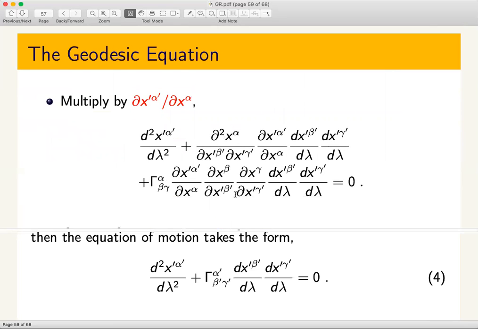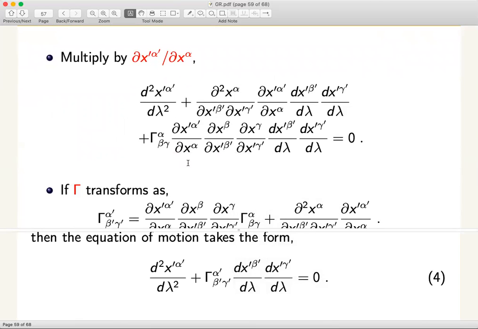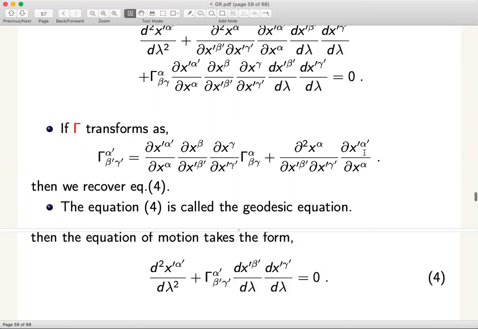And then looking at this expression, we realized that if gamma transformed in this fashion, then this equation would maintain its form. That is what we want. We now have a form invariant equation in an arbitrary coordinate system, and this equation is called the geodesic equation.